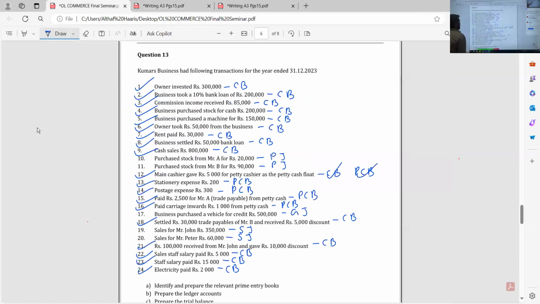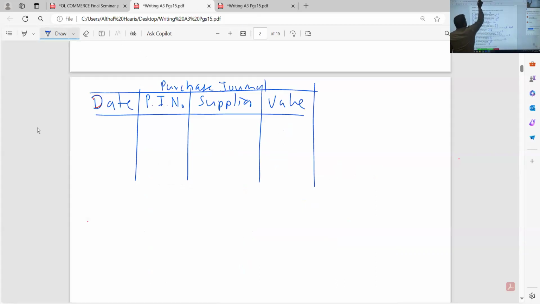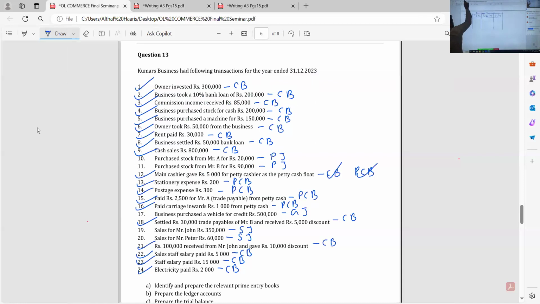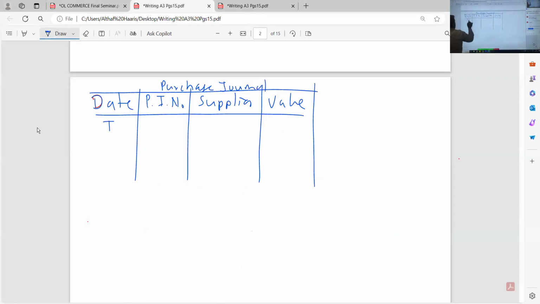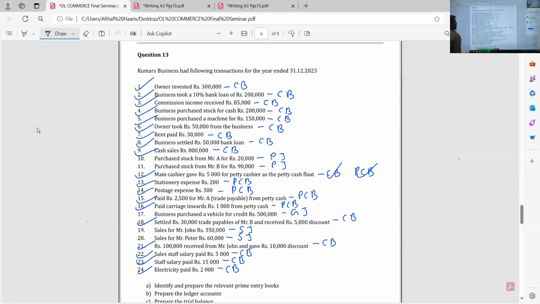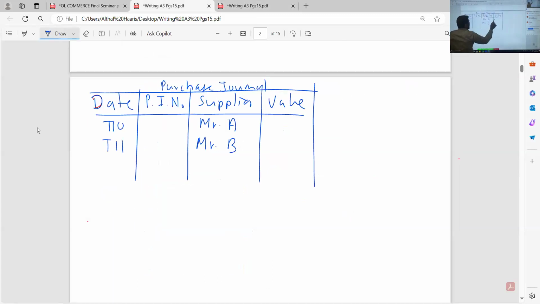So let's write Mr. A, Mr. B, 20,000, 90,000. T10, T11. Mr. A, Mr. B. What are the values? 20,000 and 90,000.